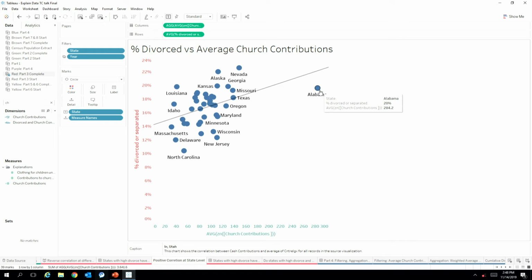Because it could have something to do with the fact that more people in Alabama were making church contributions. So if, let's say, 80% of people were making church contributions, when you enter zero for the other 20%, that's not going to dilute the average as much as if only 1% of people were making church contributions.